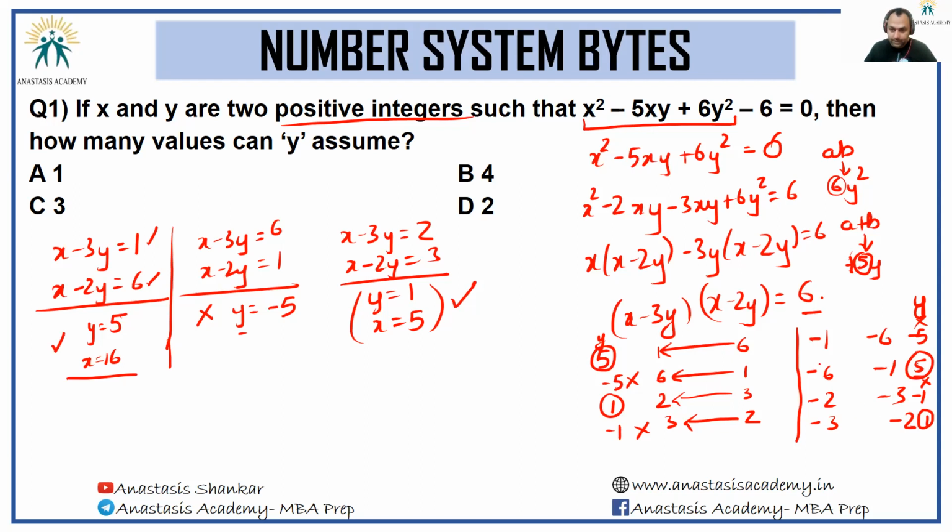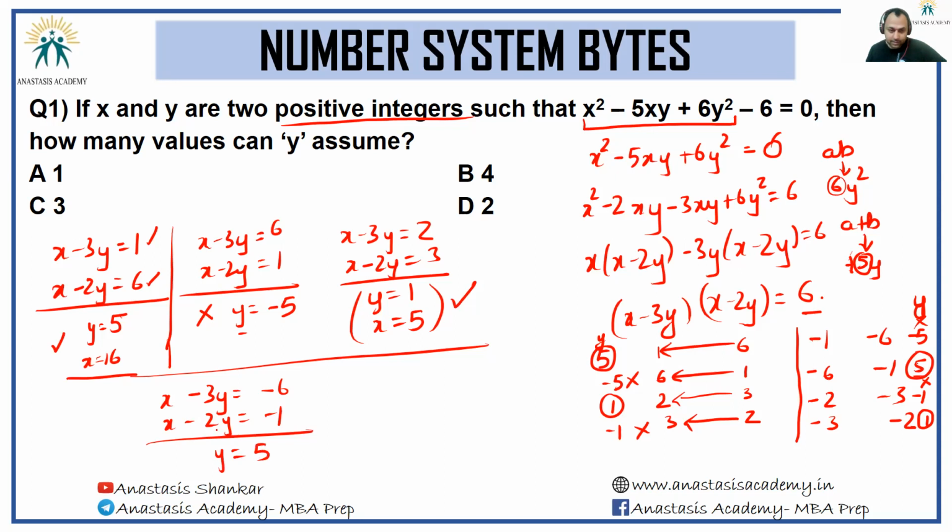For the next case, we would have x minus 3y is equal to minus 6 and x minus 2y is equal to minus 1. So y is equal to 5. If y is equal to 5, x minus 10 is minus 1, so x will be equal to 9. This case is also acceptable.